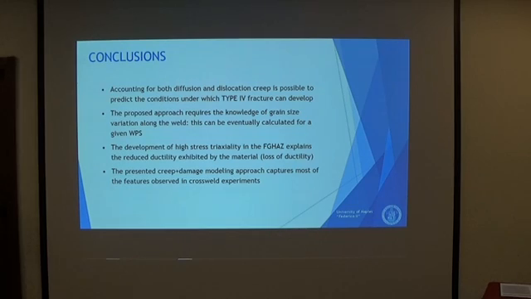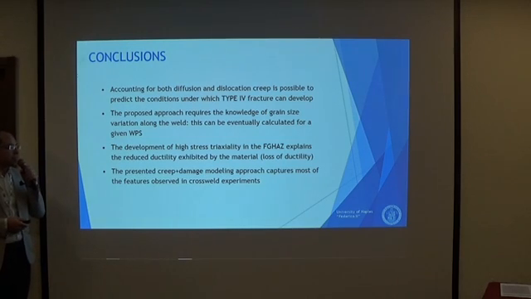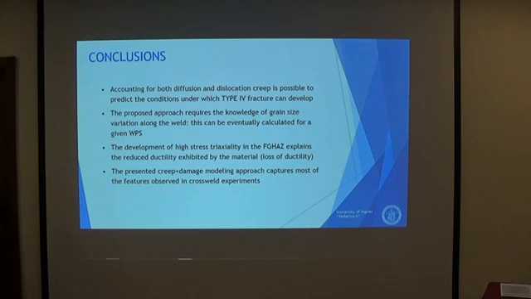And the development of high stress triaxiality plays an important role for this issue from our point of view. So the presented creep plus damage modeling approach seems to capture most of the features observed in the cross-weld experiment, and we are still studying in this way. Thank you.